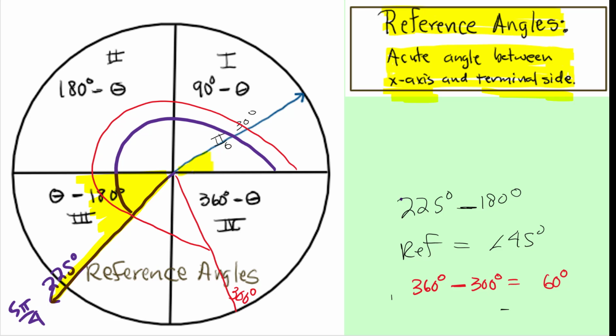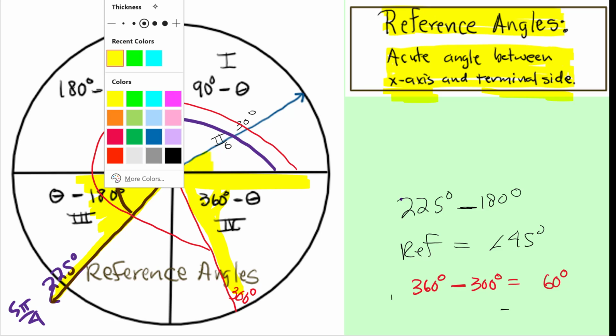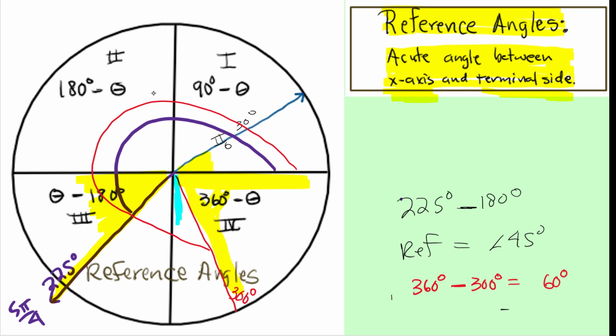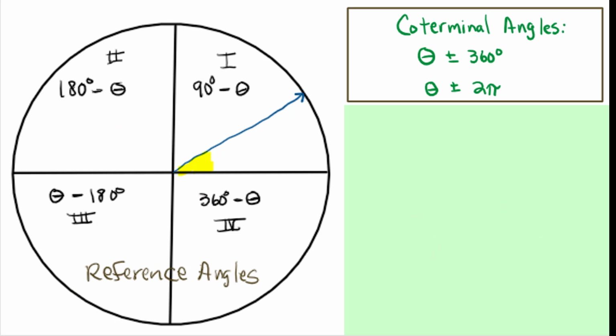So remember, it's between the x-axis. So in this case, don't let yourself be fooled into thinking that this is the reference angle. It is not. It is always between the x-axis and the ending or the terminal side of the angle.